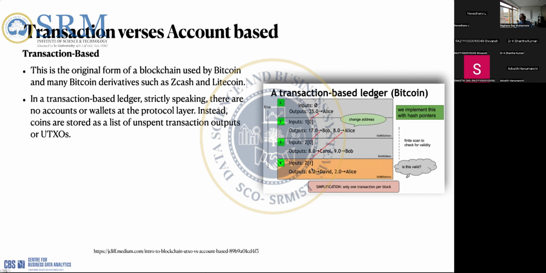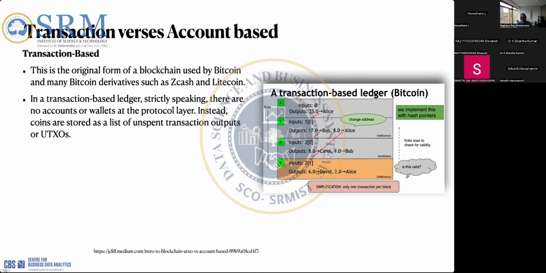If you want to verify a transaction, you have a finite amount of transactions to scan. You just go and look into the source of the transaction and verify that, and if you can verify that, then everything is good, because the transaction-based ledger is built on immutable coins.